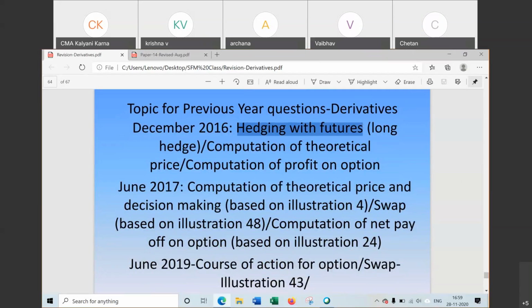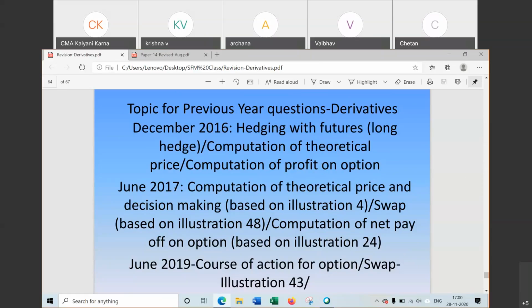In the case of hedging, please practice that question. So many times that type of question has been asked from hedging. Another question, computation of theoretical price, computation of profit on option, that is net payoff on option. जो आप निकालते हैं intrinsic value minus premium value less करके, that is profit on option.